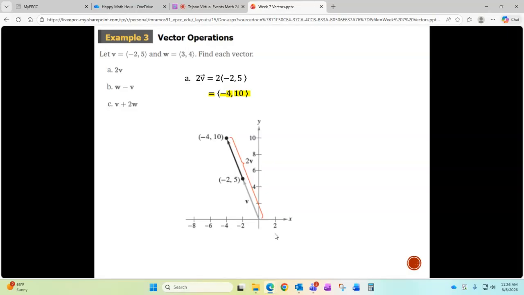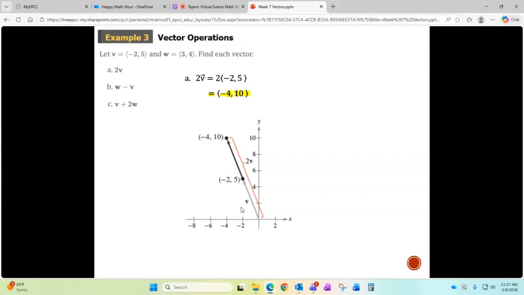Here it is graphically, so you can see that and know what it means. On some of them, you have to pick the graph that represents the operation. So here we started with the original component vector, -2, 5. Component vector means that if we start at the initial point 0, 0, this would be our terminal point. So if I was at 0, 0, the vector -2, 5, terminal point would be here. That's my vector v.